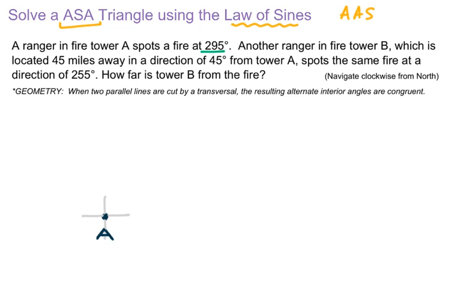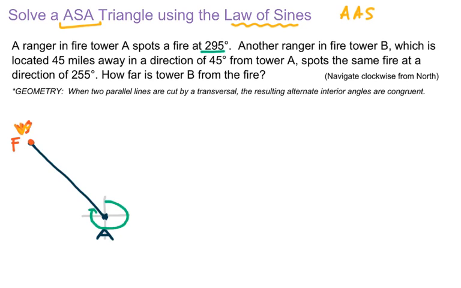We have to remember, navigate clockwise from north. 90, 180, 270, 295 gets me over into this quadrant. So 295 degrees takes me over there, and he looks out and says, okay, this is where I see my fire. Somewhere over here. Call that F. There's my beautiful fire.